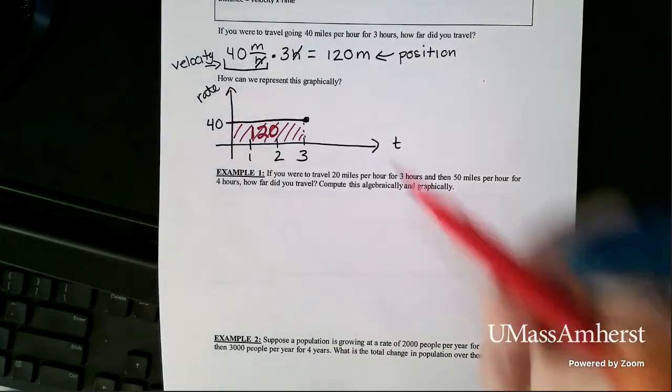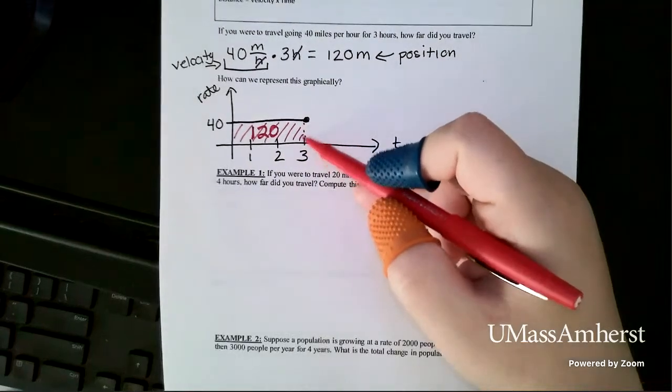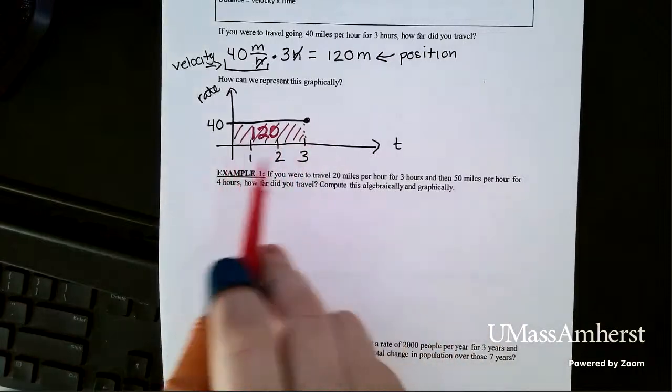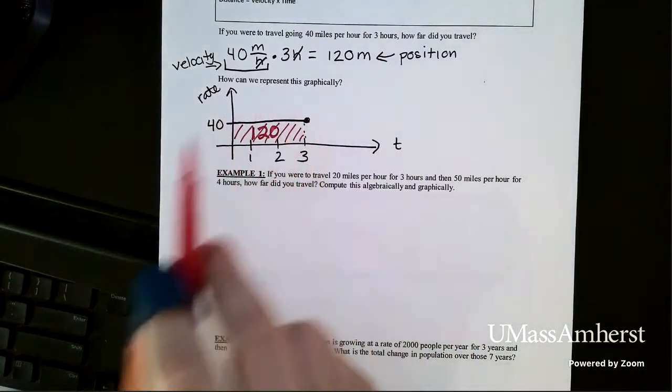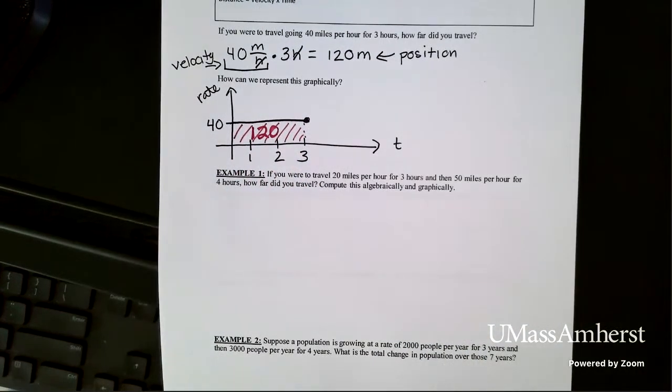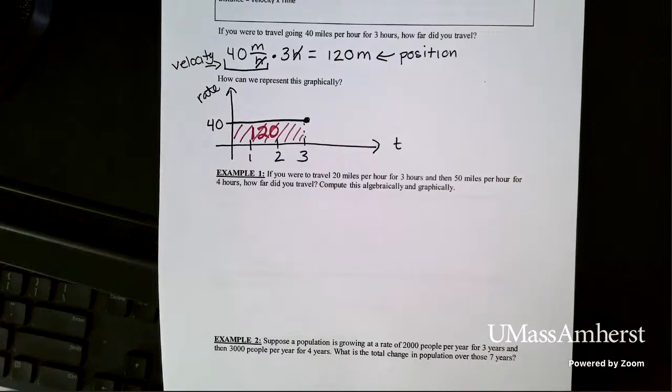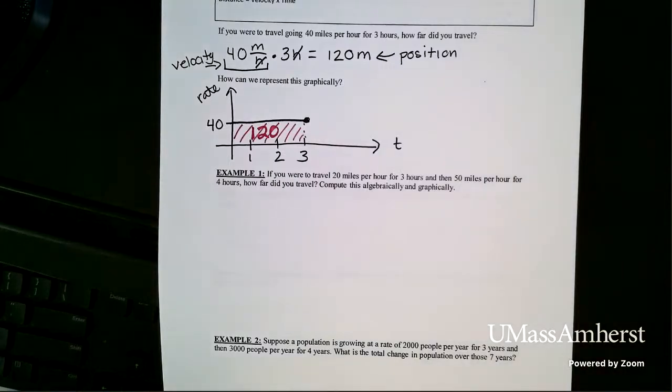It turns out that if we were to look at what's called the area under the curve, which is a rectangle here, that area under the derivative function will tell us how much the original function has changed. Okay, it's a really interesting concept here.